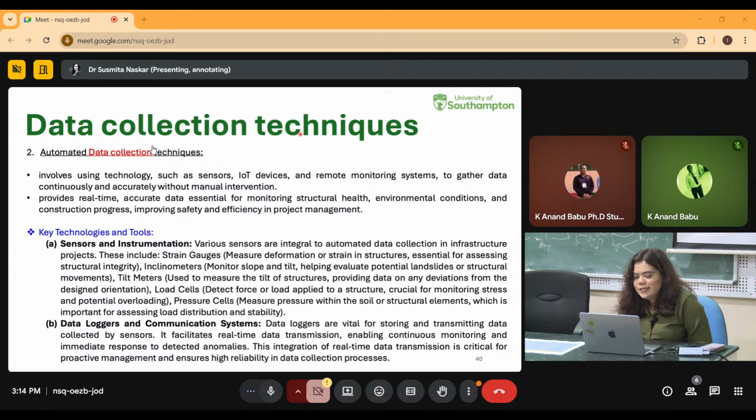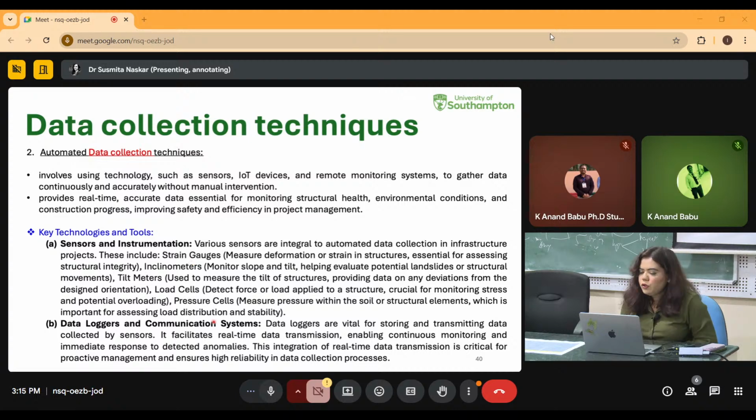The second type of tool we need for automated data collection, rather than manual, is the data logger and the communication system. They store and transmit the data collected from the sensor. The sensor first collects the data, and then the data logger or communication system enables real-time data transmission.